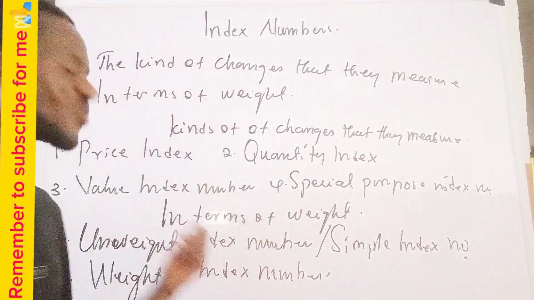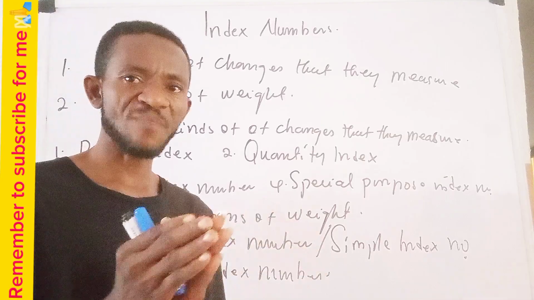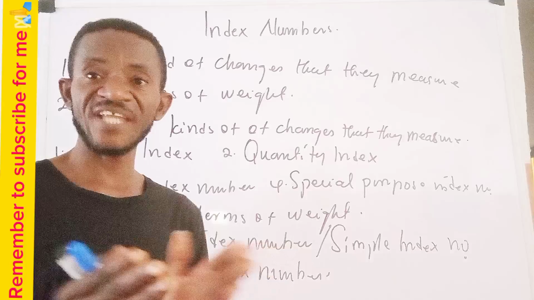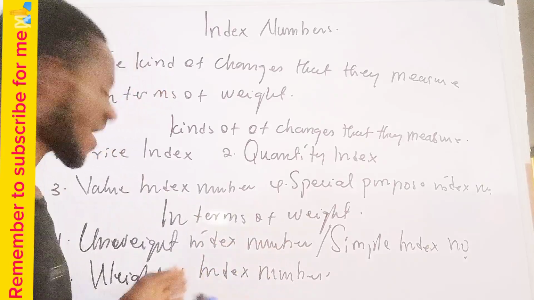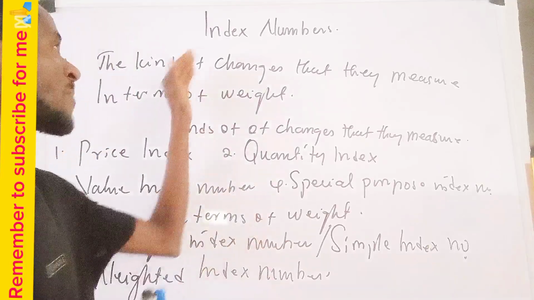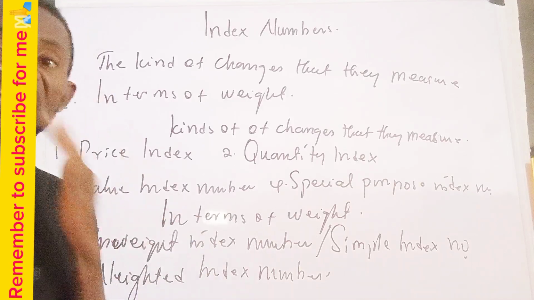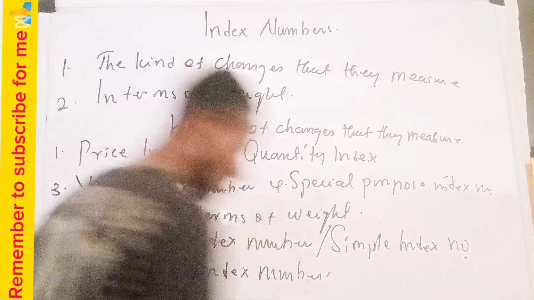We are equally going to look at the different kinds of index number that exist under unweighted and under weighted. So first of all, permit me to clean here while we take up this unweighted index number and discuss it on the board.